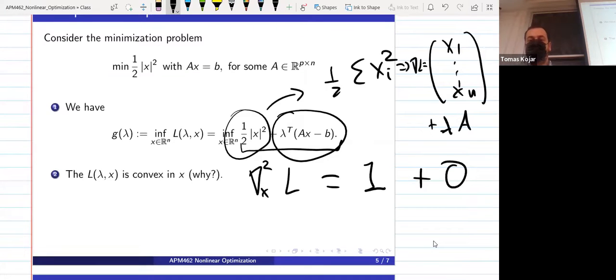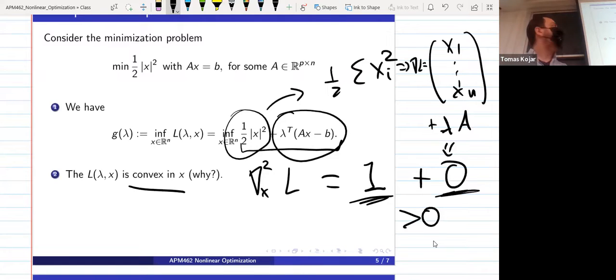And then this guy dies out and you just have the identity. Okay, good. And this is positive definite. So you have convexity, strict convexity. All right. Good.